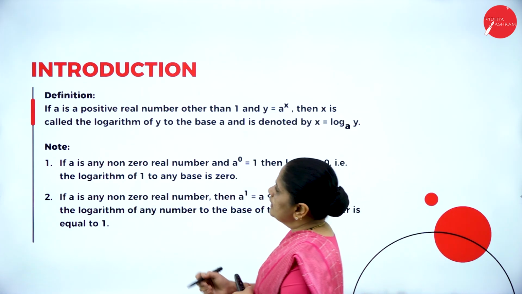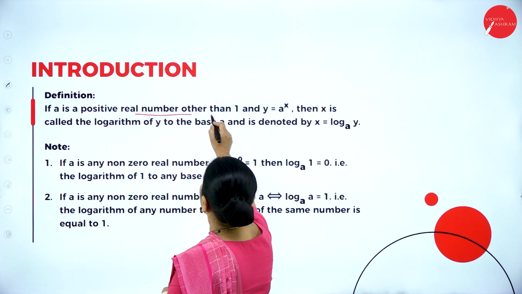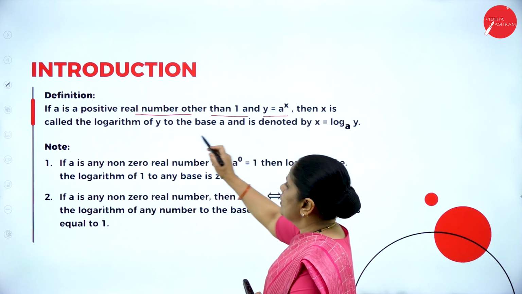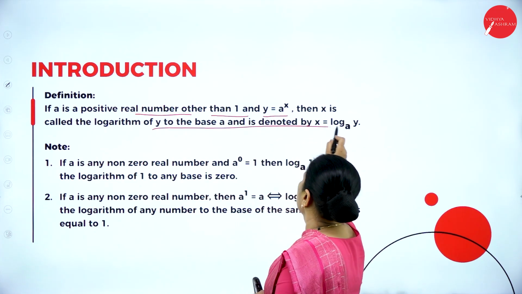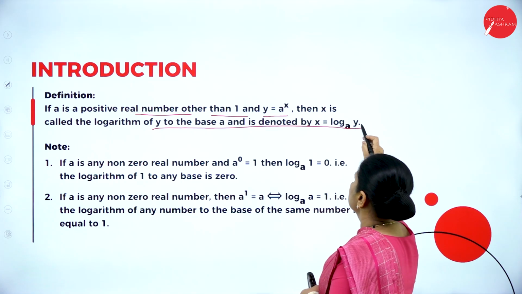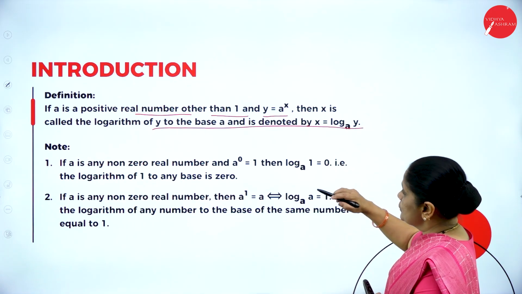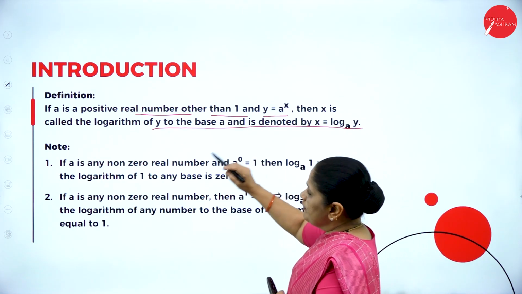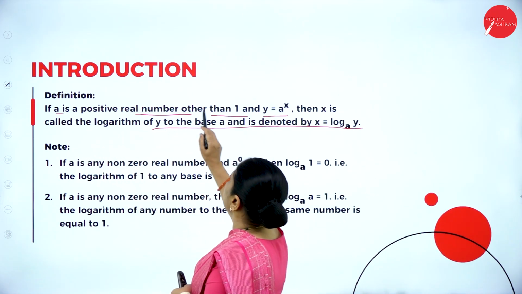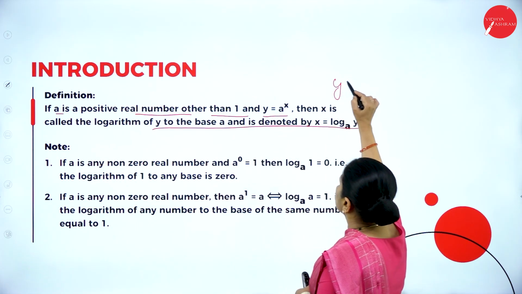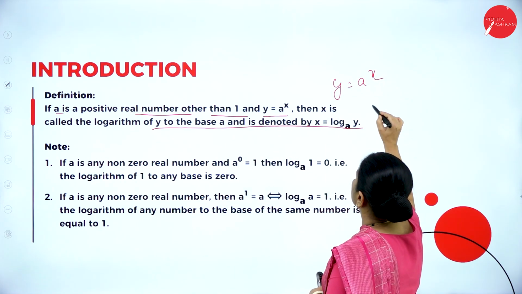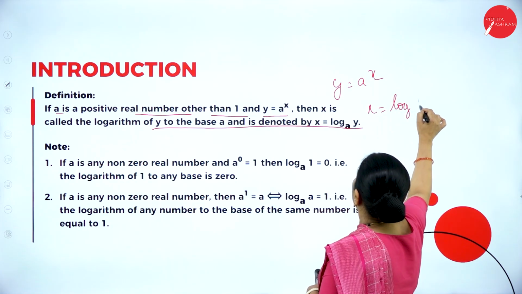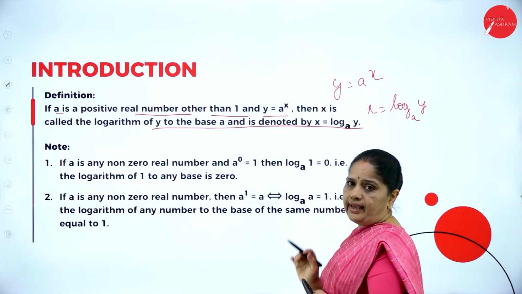In the introduction, if a is a positive real number other than 1 and y equals a to the power of x, then x is called the logarithm of y to the base a, and it is denoted by x equals log y to the base a. So here we need a positive real number.